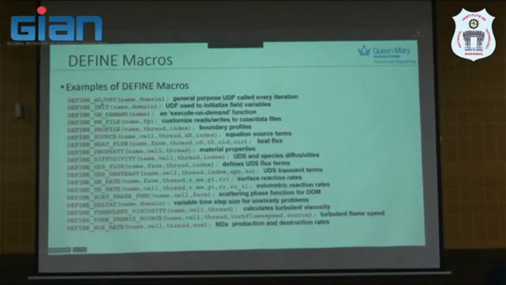It's used to initialize the field variables. And also this one, the properties macro, is always used to update the material properties. And with this one we can change the time steps for simulations.